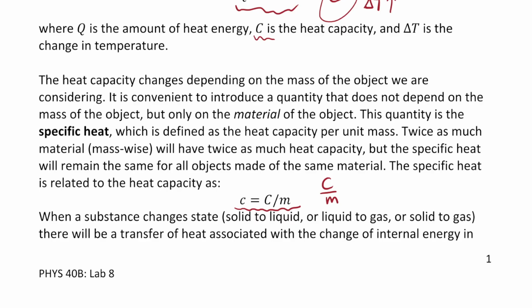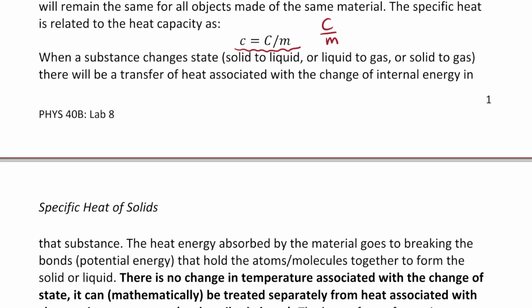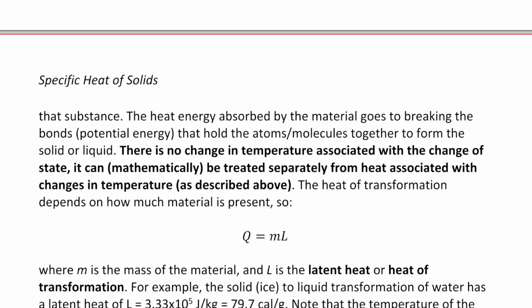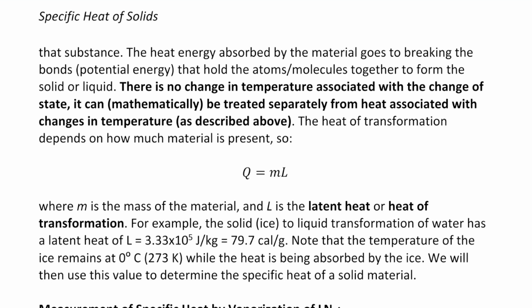All right. And there's another type of energy change that's important, and that's the energy change due to latent heat. The example that you're going to be thinking about in the lab relating to this concept is liquid nitrogen.